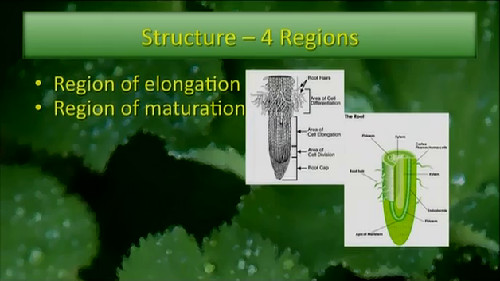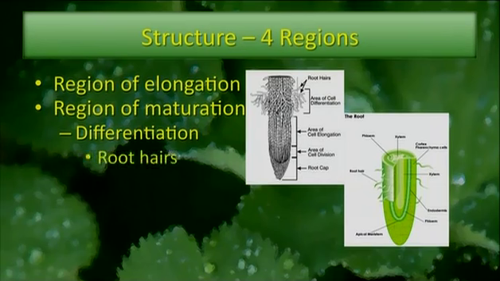Then you have the region of maturation. It is an area where the cells start to differentiate, into epidermal cells, ground tissue, and vascular tissues. That's also an area where you have the root hairs. Root hairs are a single-celled extension of epidermal cells, like you see on this diagram too.